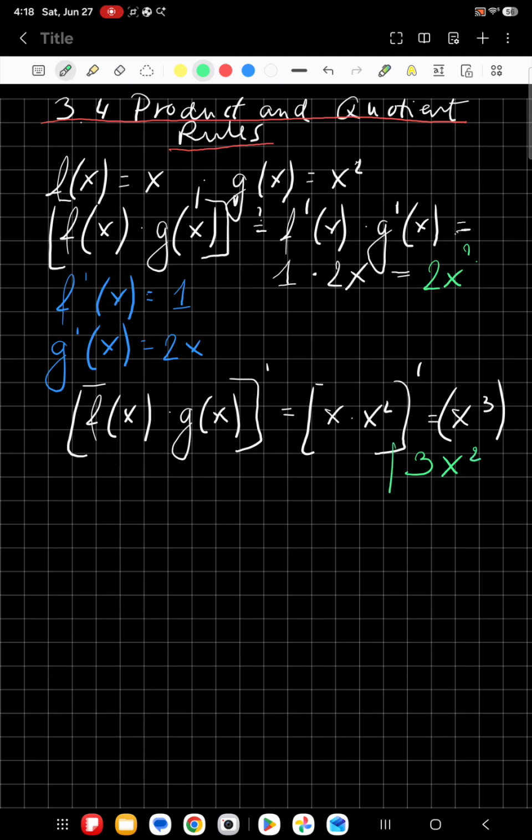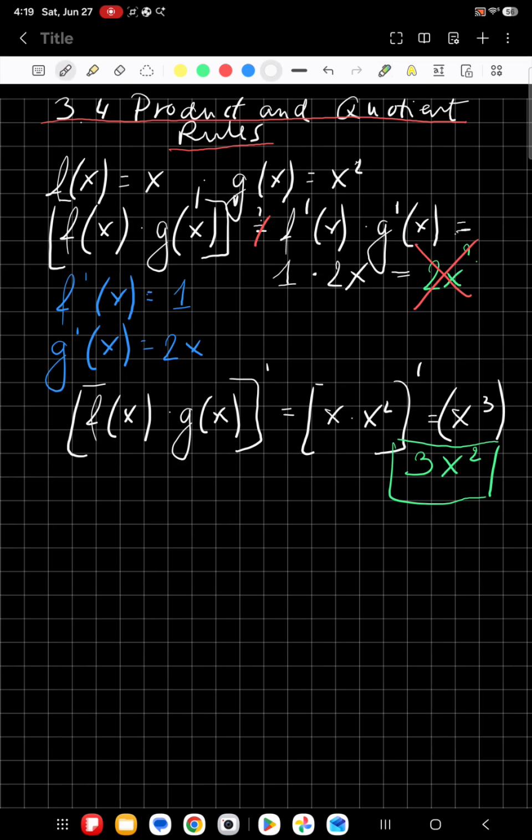So this is the correct answer, and it just shows us that we can't really do it this way. This does not equal this. So what does it equal to?